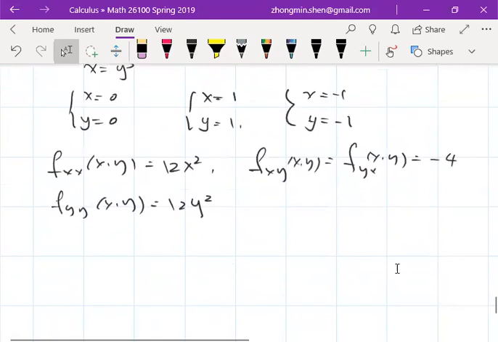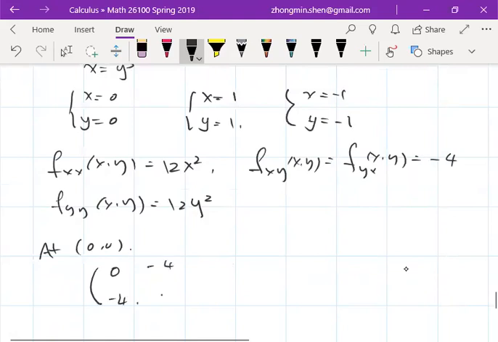So the first matrix at (0, 0) is going to be 0, -4, -4, and 0.